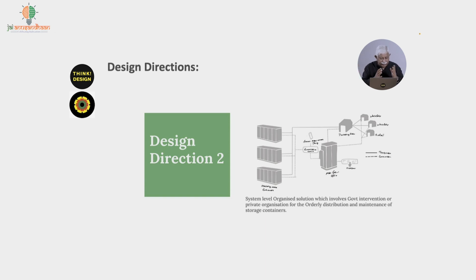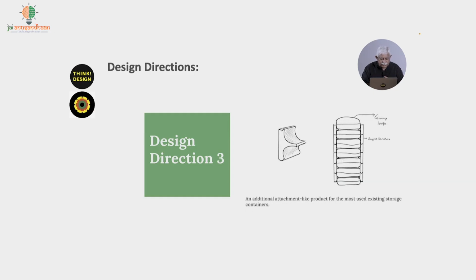Very tough to implement this system, it can be done in the long run. Direction 3, an additional attachment like a product for the most used existing storage containers. So there is an additional thing which makes the storage containers independent by itself.